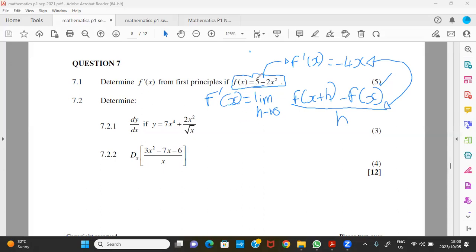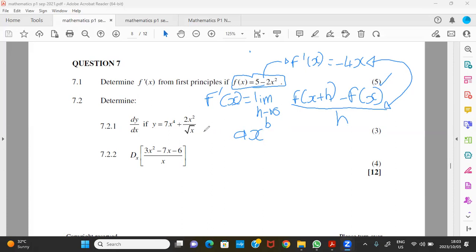Maybe we can look at 7.2.1. They say determine dy over dx if y is equal to 7x to the power 4 plus 2x squared, divided by root of x. So here's the thing: before you can start deriving, you must make sure that all of your terms are in this form, ax to the power of b, because it's easier to derive when everything is in this form.